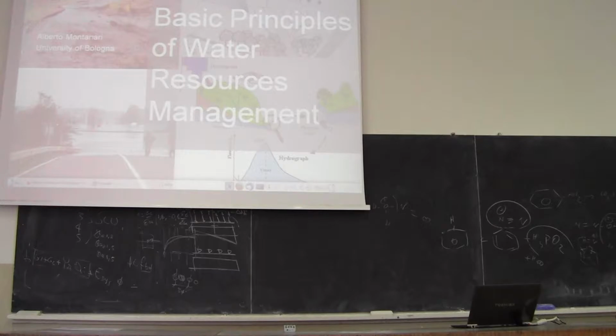Water resources management is a broader discipline than just deciding, but taking the decision is the core of it. This is why water resources management at the beginning was basically a subject related to decision theory.